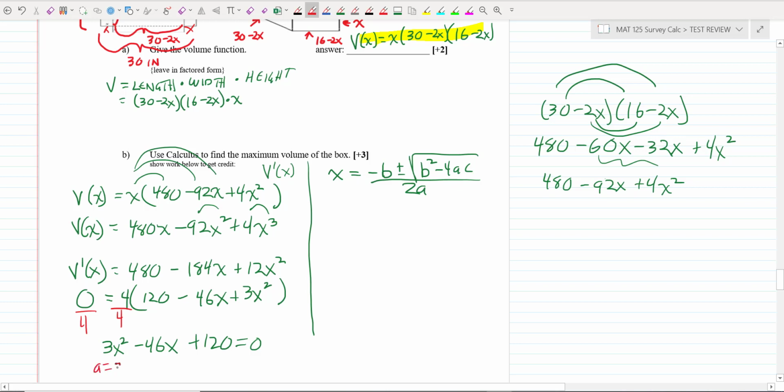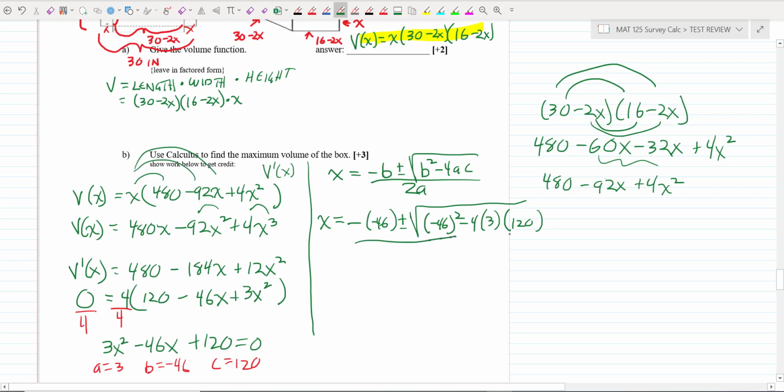So a is 3, b is negative 46, c is 120, and we just need to plug that in. We'll use our calculator to help with this too. So we'll have negative b, which is negative 46, plus or minus the square root of b squared, so negative 46 squared, minus 4 times a, which is 3, times c, which is 120, all over 2a.